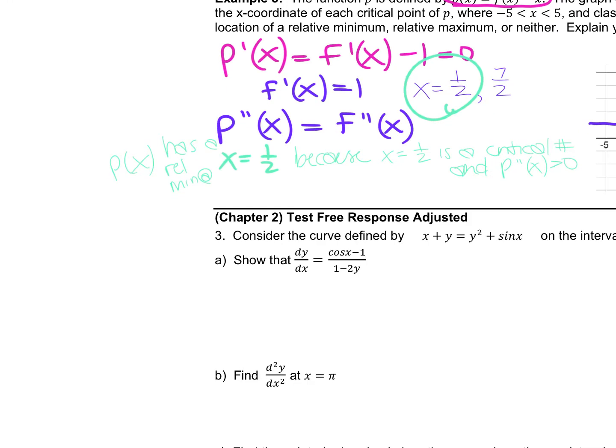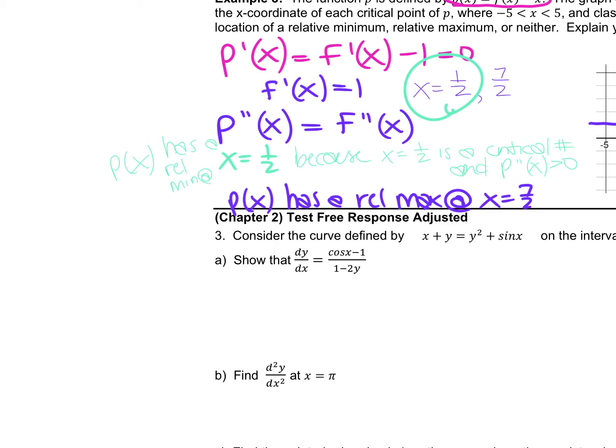So P of x has a relative max at x equals 7/2 because x equals 7/2 is a critical number and P double prime of x is less than 0. I just stopped writing. Yes. Because it's the second derivative test, so it's contingent on the second derivative.